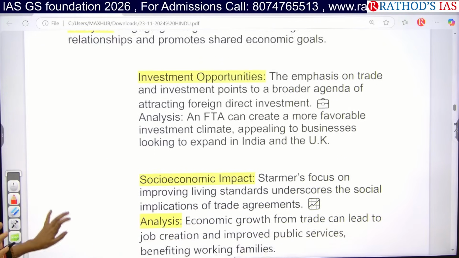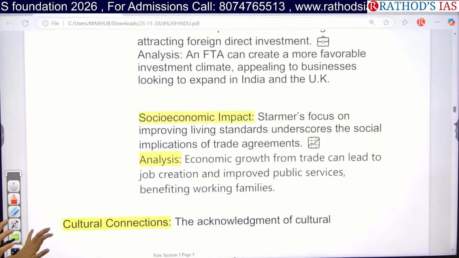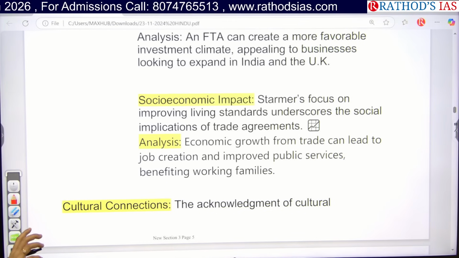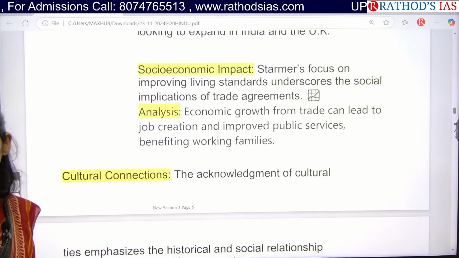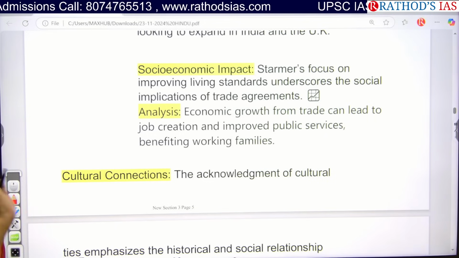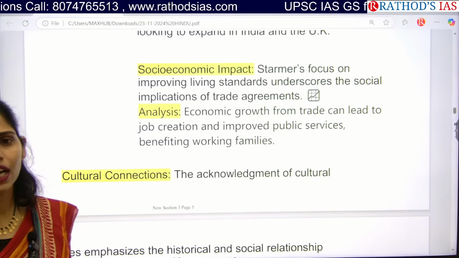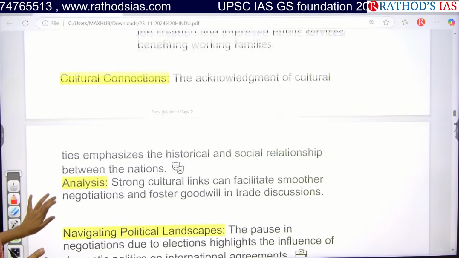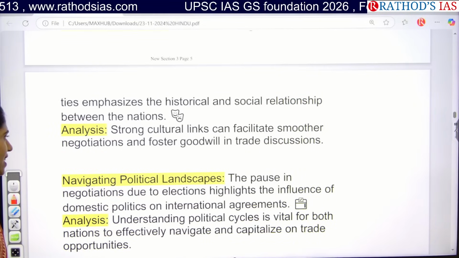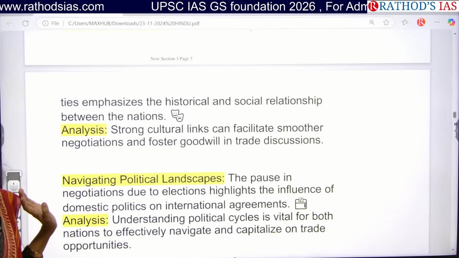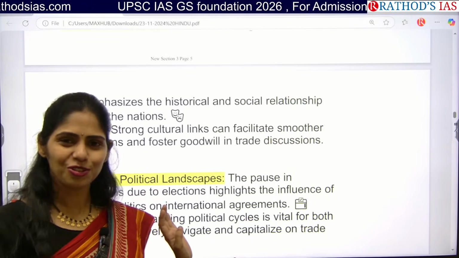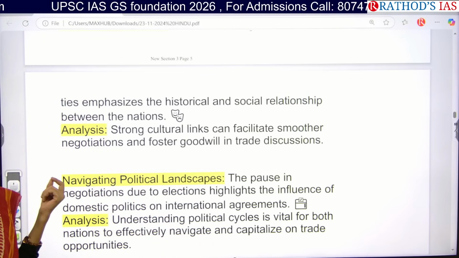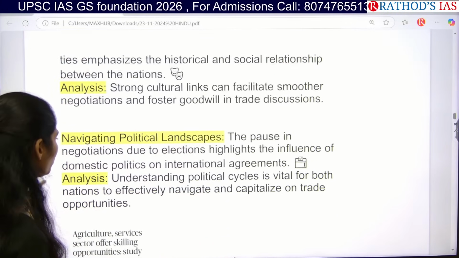It is also going to have a socio-economic impact, that means increasing job creation and public services, especially benefiting working families in our country, so that we can address poverty, hunger and malnutrition to some extent. Okay, clear. We also have strong cultural ties with the UK. Since the Britishers came to India, we may also maintain proper cultural links. Okay, so that is the thing.